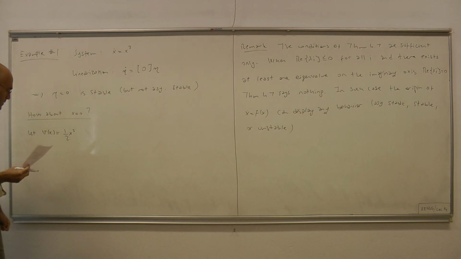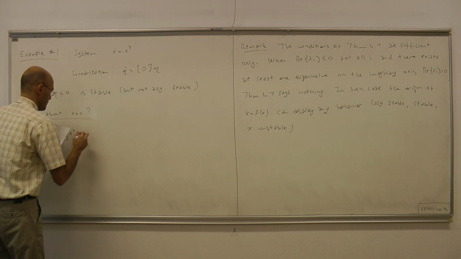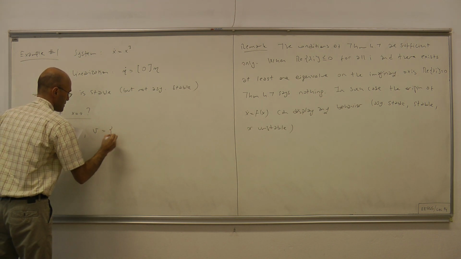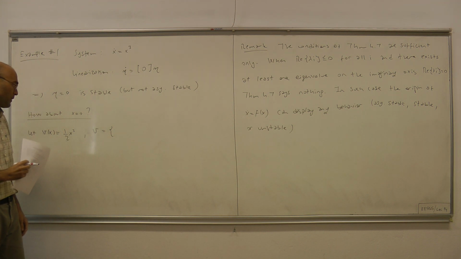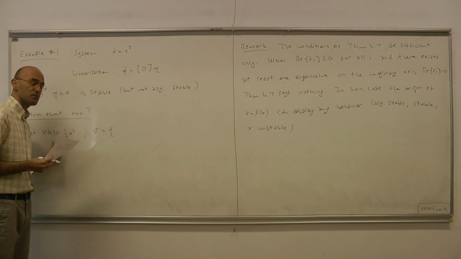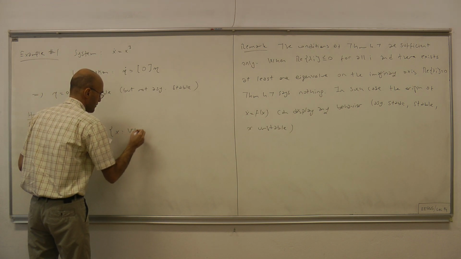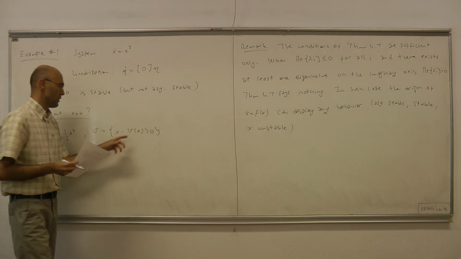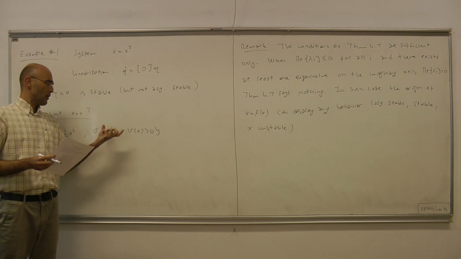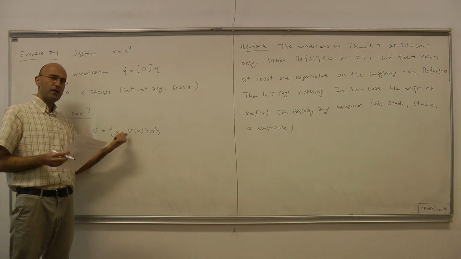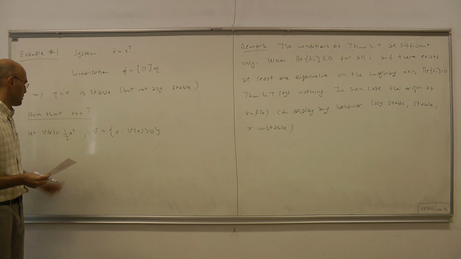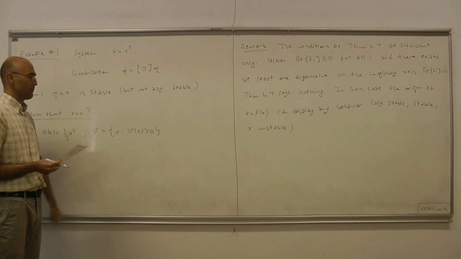This is our function v, and let's consider the following set where this function is positive: the set of all x for which v of x is positive. Clearly, this is the entire real line except the origin, because v is positive everywhere except at the origin.